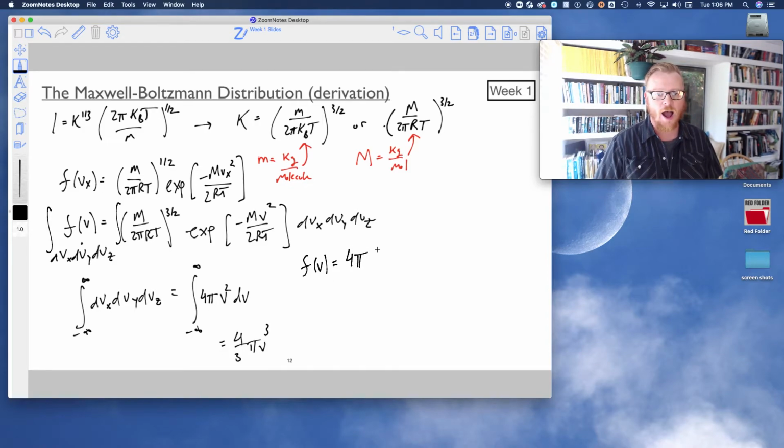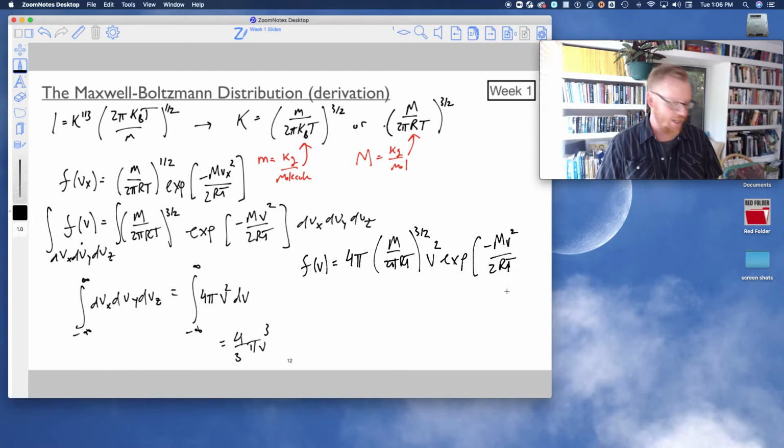And so finally, that's going to go as 4 pi that I get from right there. And then I have this constant, capital M over 2 pi RT to the 3/2, times v squared, and then times the exponential of negative capital M v squared over 2RT.